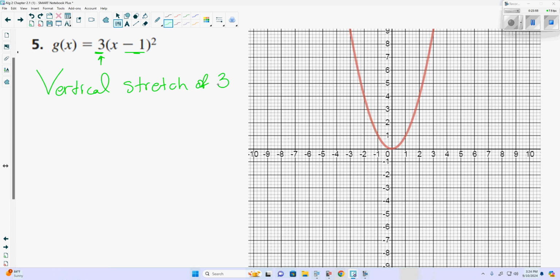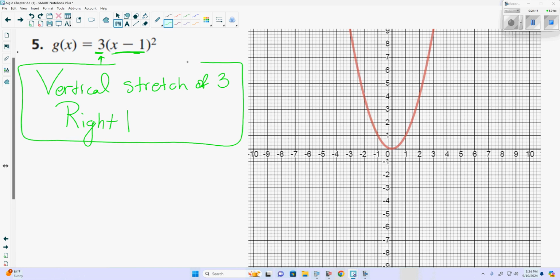So minus 1 inside parentheses, if we add or subtract to x, it's left or right, and it's the opposite of what we think. Since it's minus 1, it's actually to the right 1. If we add or subtract outside the parentheses a number to it, then it would be up or down. Questions on this here?